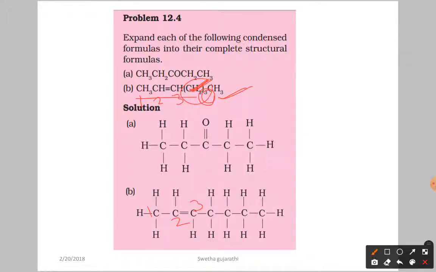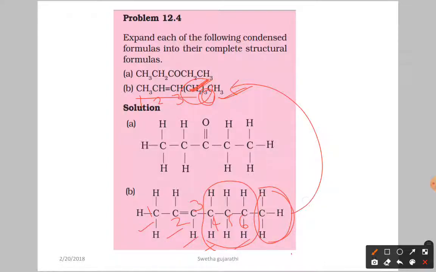So this is what you are going to repeat 3 times. Okay, this is the fourth carbon, fifth, sixth. Last one, we have a CH3 group. After that you have to satisfy the carbon valency as 4, so each carbon should have 4 bonds around it. This is the complete structure for question B.